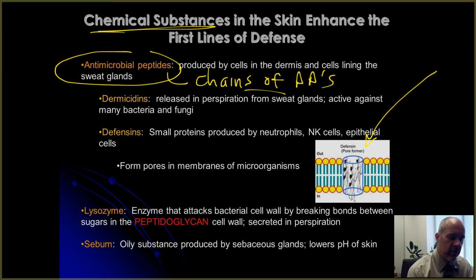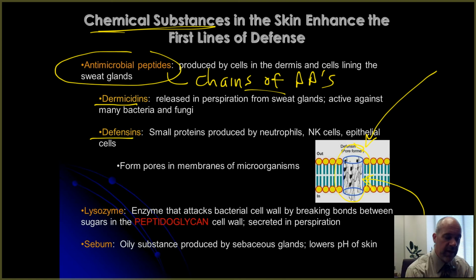And some of those are called dermacidins, others are called defensins. And what they do is these are proteins that can attach to the cell membranes. These are mainly active against bacteria. They'll attach to the membranes of bacteria, and they assemble pores, and then that causes those cells to die.